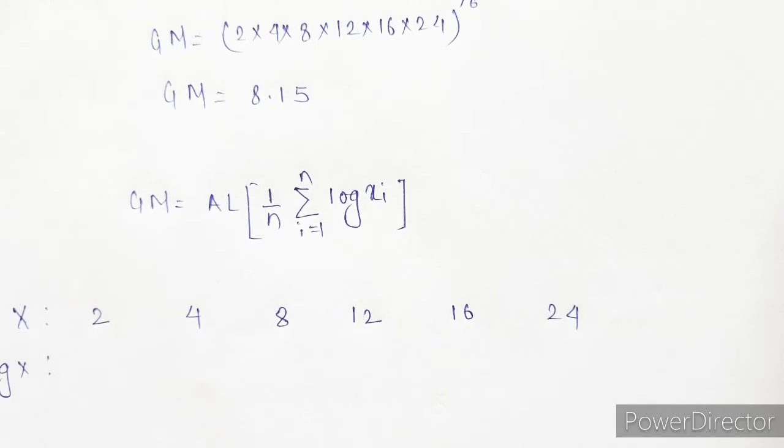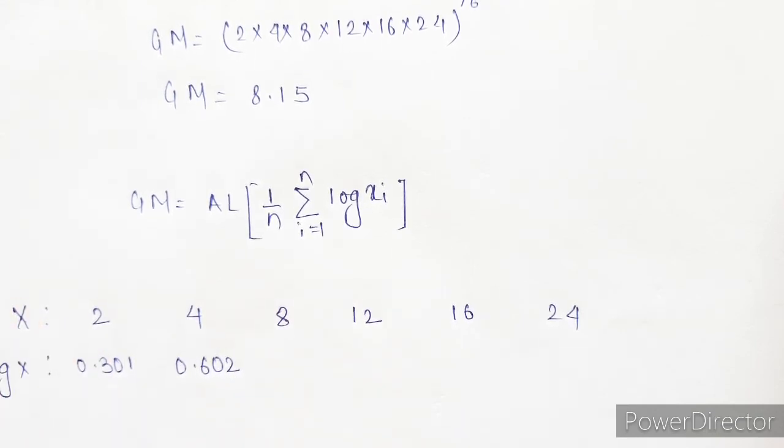So log of 2 is 0.301. Next, log of 4 is 0.602.